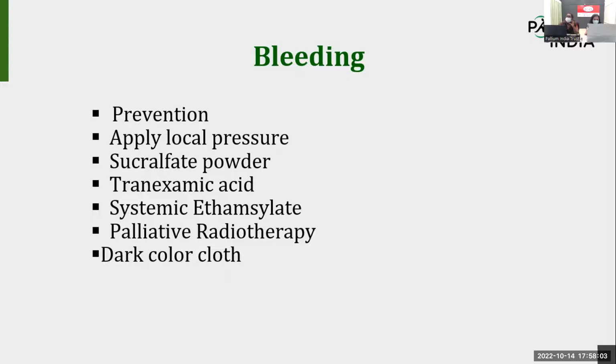Because if there is any bleeding and they wipe the blood with a white color cloth, what happens? They will be anxious and panic. That will affect the patient and the other relatives emotionally, and they will panic also. So if they use dark color cloth, that panic, shock and anxiety will reduce.